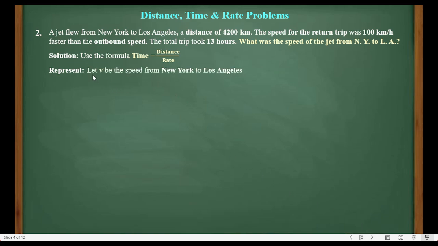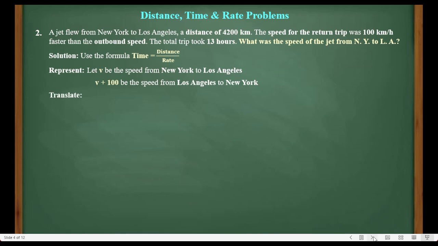So let's just say we denote v, the speed from New York to Los Angeles. And v plus 100 be the speed from Los Angeles to New York, since this is the returning trip whose speed is 100 kilometers faster than the first one.